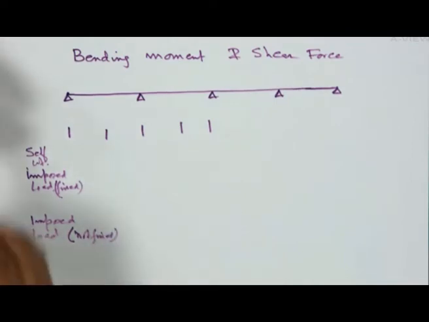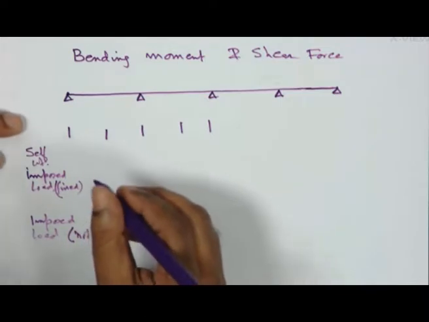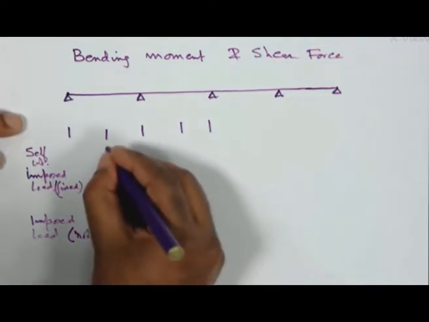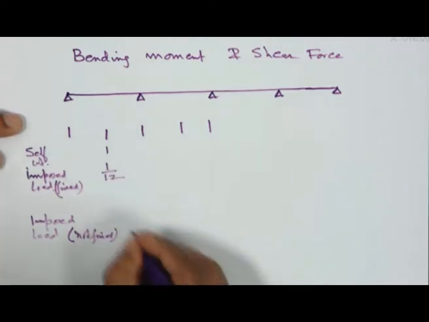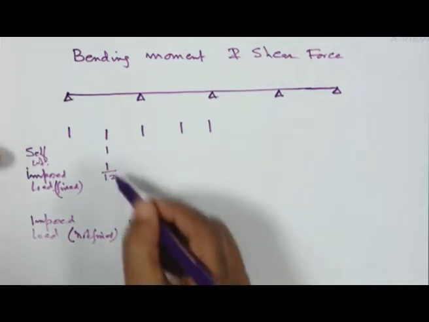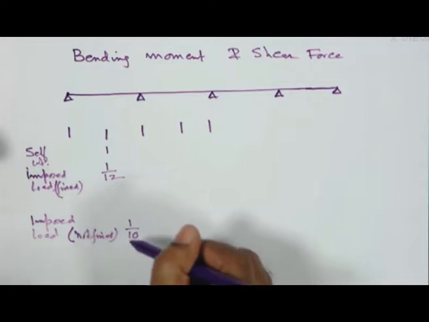So what does it mean, imposed load fixed? For this case, near mid span, just to give you one example, this is 1 by 12 and this is 1 by 10. So 1 by 12 is actually less than 1 by 10.